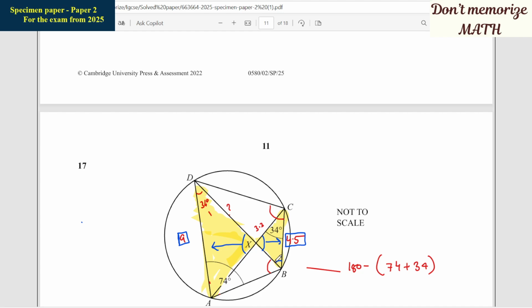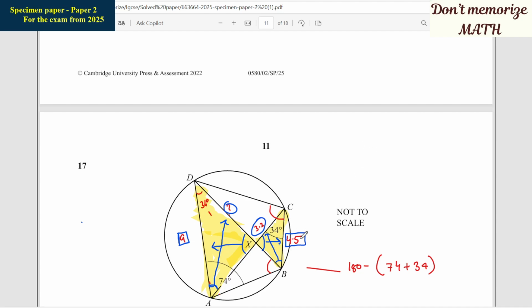You can see these two angles will be equal. So opposite this side is DX or XD, and opposite the other side is 3.3, so both of them will be corresponding sides. Just take the ratio of corresponding sides.